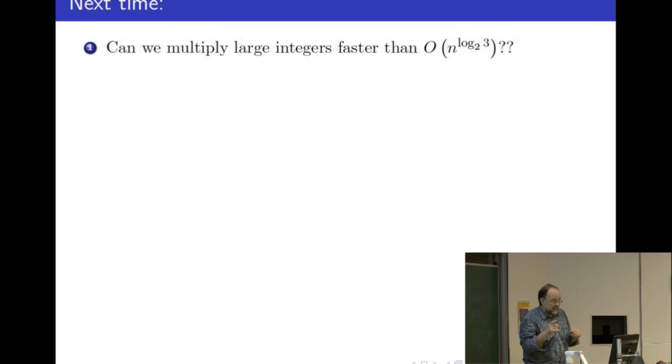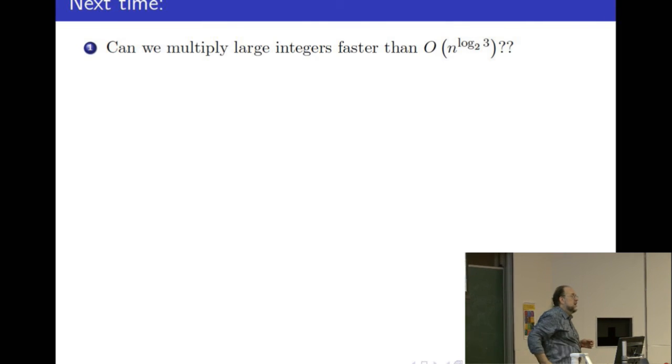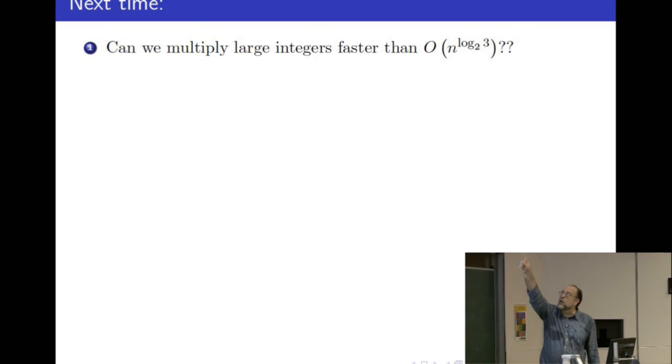And the moral is, when you have an estimate, say an algorithm is O of n to the log 2 of 3, from a practical perspective, this is utterly useless unless you have a very good reason to believe something about the constant hiding in this O notation.